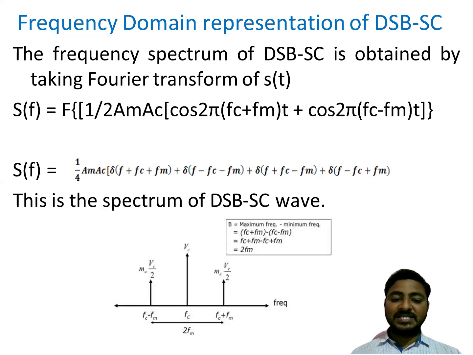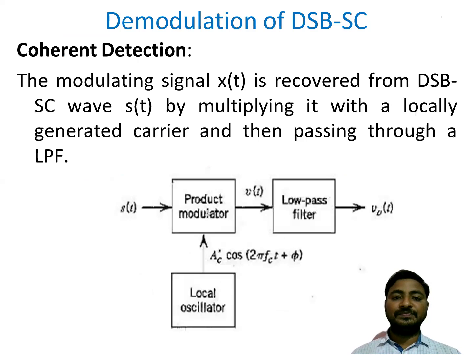The spectrum of DSB-SC contains one upper sideband and one lower sideband. The upper sideband is fc + fm with amplitude Am Ac/2. The lower sideband is fc - fm, with amplitude Am Ac/2.